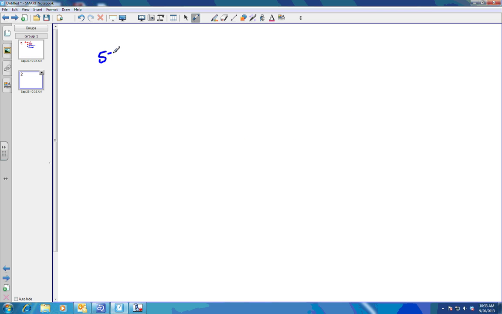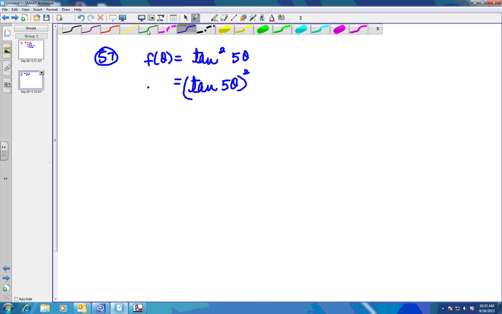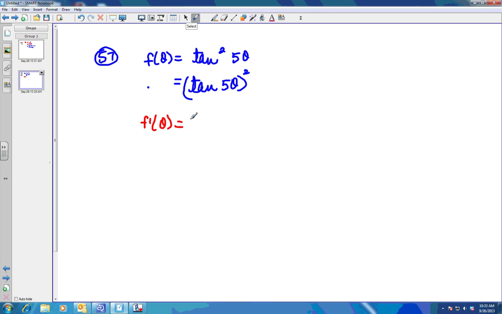57. F of theta equals tangent squared 5 theta. So I'm going to rewrite this as tangent 5 theta quantity squared. So now I'm going to use the chain rule. Chain rule says bring down your exponent, keep the inside, subtract 1 from your exponent, times the derivative of your inside.